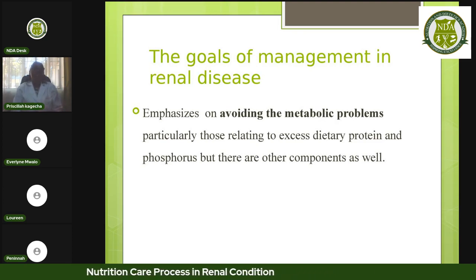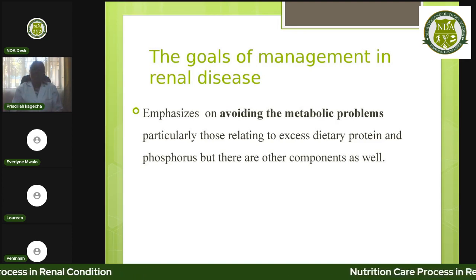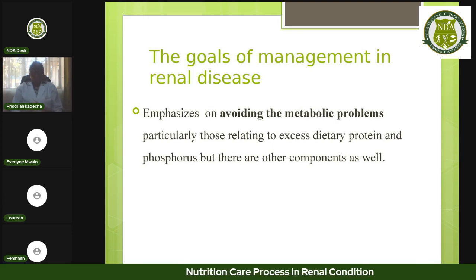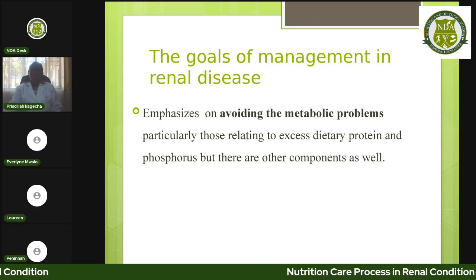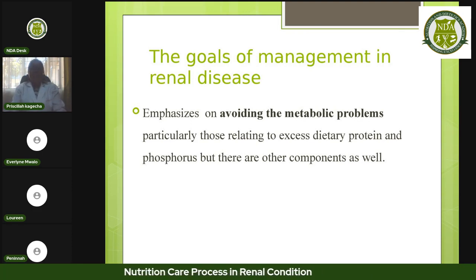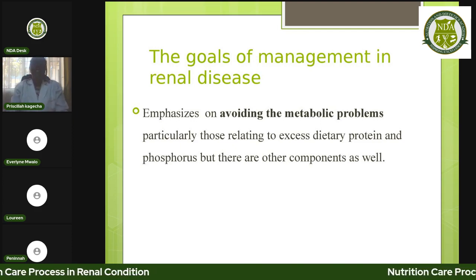We may talk of AKI, we may talk of CKD, nephritic diseases, but these have goals, and in your goal you want to emphasize avoiding the metabolic problems that particularly relate to excess dietary protein or phosphorus and other components.